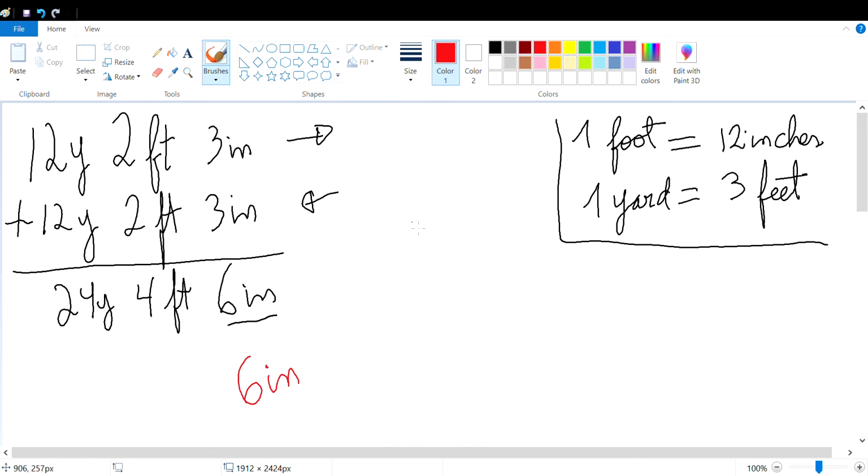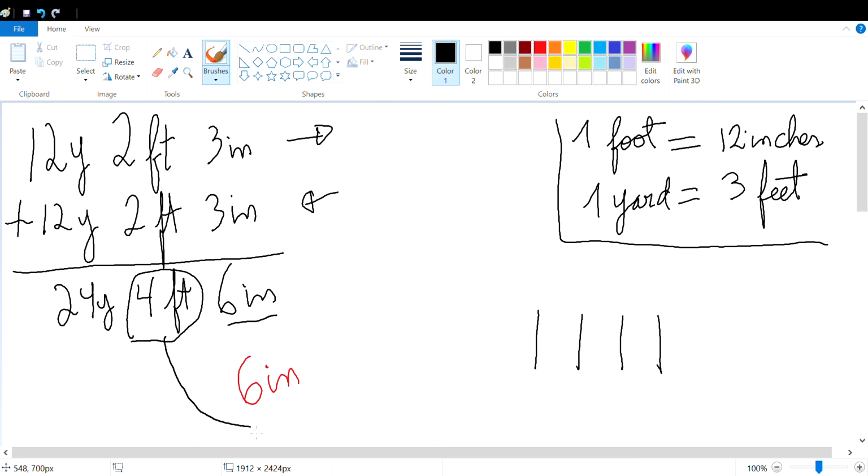Here in the chart, it says 1 yard is 3 feet, right? But I have 4 feet. So I'm going to represent my 4 feet here. 1, 2, 3, and 4. I'm talking about these 4 feet.